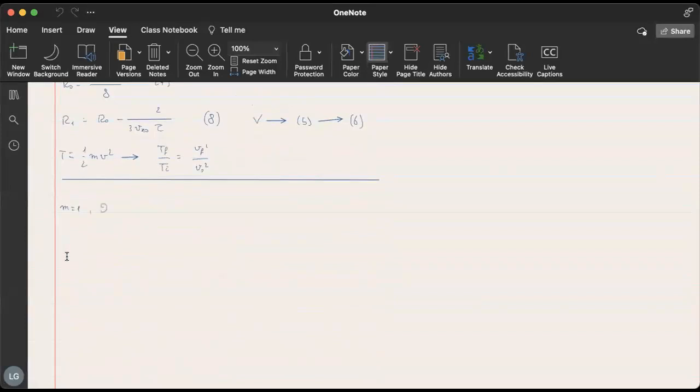Theta, I'm going to give a random value of pi over 5. B is going to be 0.01, so a relatively small value. For g, I'm just going to use 9.8. And for V0, I'm going to use 100, just because it's going to make the math a little easier.